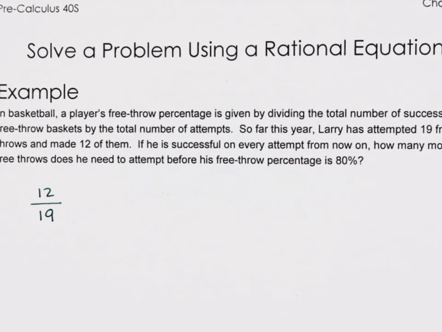If he is successful on every attempt from now on, how many more free throws does he need to attempt before his free throw percentage is 80? Oh, Larry. Larry and his very good basketball skills. Okay, so free throws. So he's going to be successful.